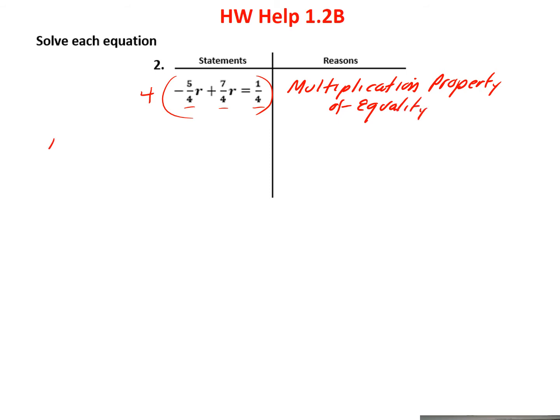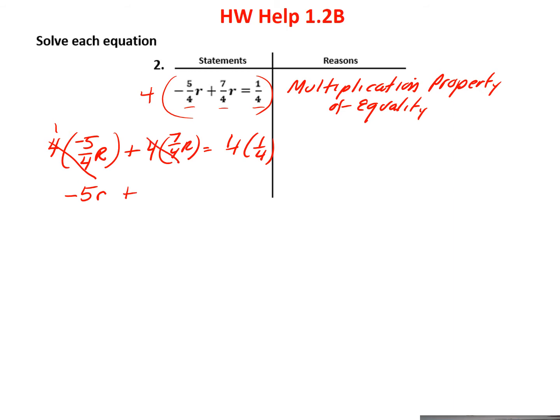And so we have 4 times minus 5/4 r plus 4 times 7/4 r equals 4 times 1/4. Don't forget to multiply the other side. We're multiplying everything. Well, 4 divided by 4 is 1. So we end up with minus 5r plus 7r, and 4 divided by 4 equals 1. Okay, so now we can combine like terms.